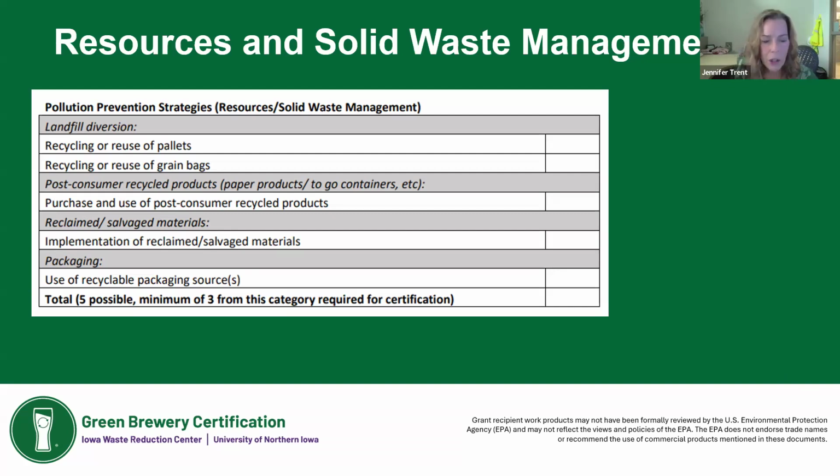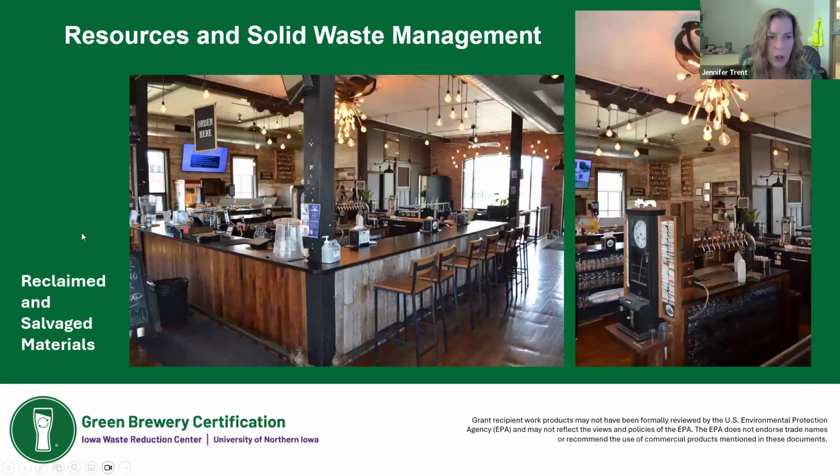So we will start digging into the other P2 pollution prevention strategies. One of the really big ones that you're going to see at so many breweries, like I don't think we've ever walked into a brewery and not seen reclaimed materials. This brewery, Textile Brewing, has so many reclaimed materials that they get a check mark for this.